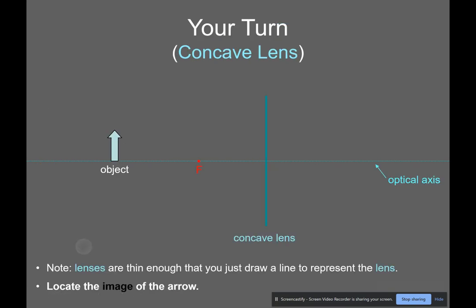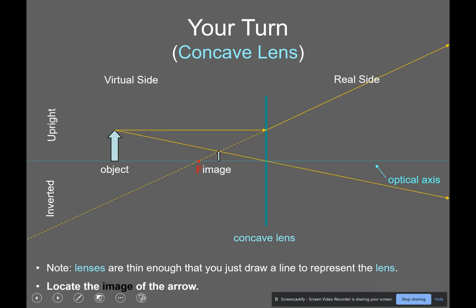So, object: you draw a straight line, then a diagonal using the focal point, and then a straight diagonal line. Your image would be here. The key thing is, if your lenses are working truly, your image and your object would line up perfectly. That means your lenses are doing what they need to do.